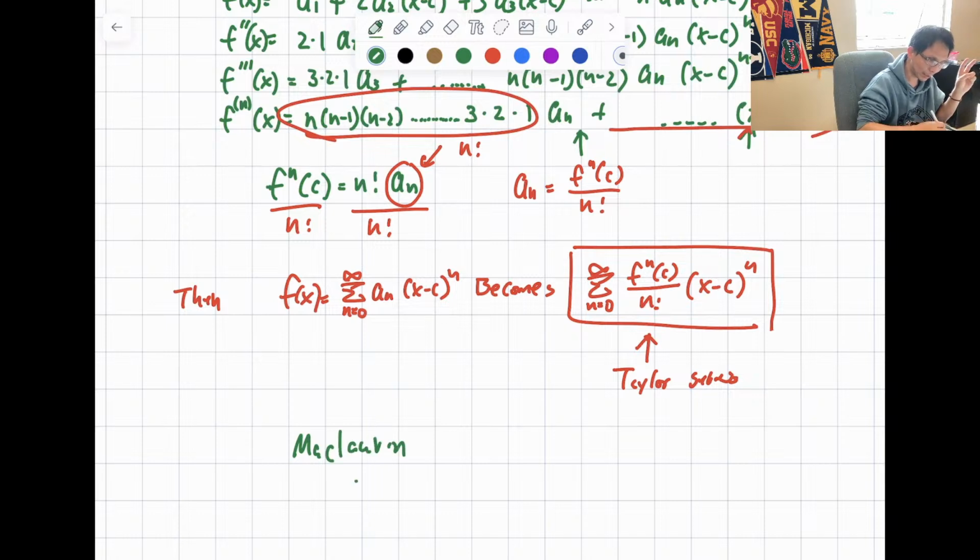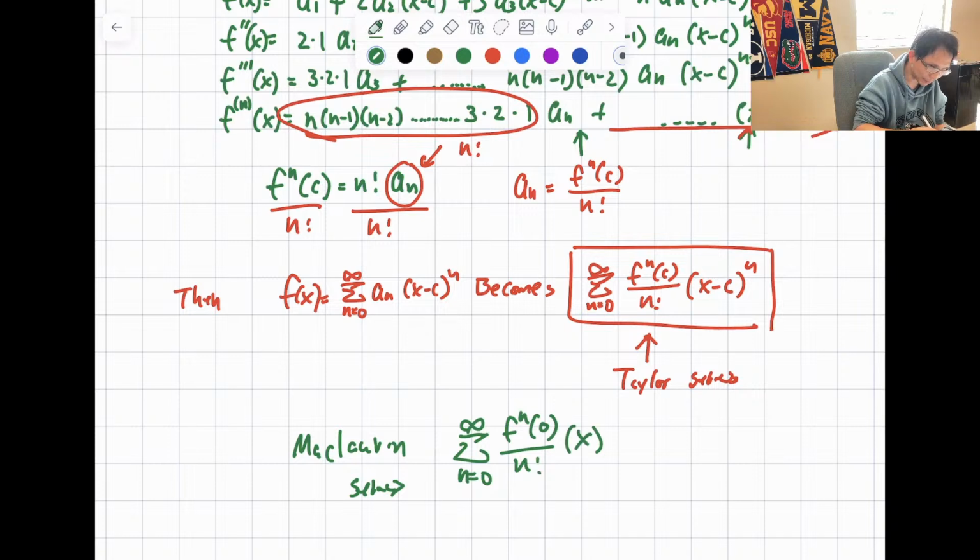It's a very difficult thing. It will take about 10 minutes. I'm just kidding. It just replaces c with 0, and this is going to be x to the n.